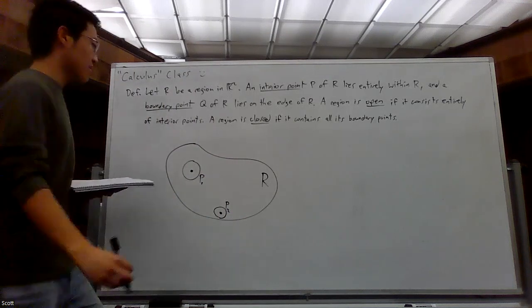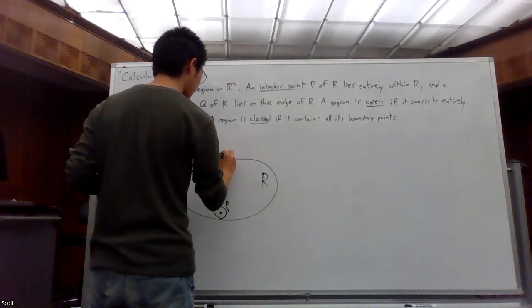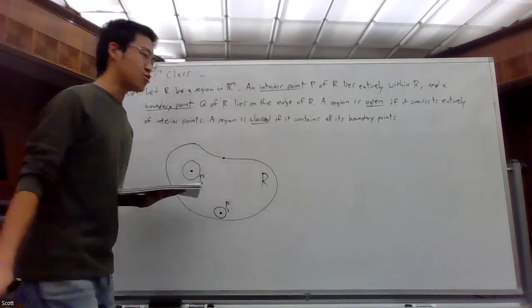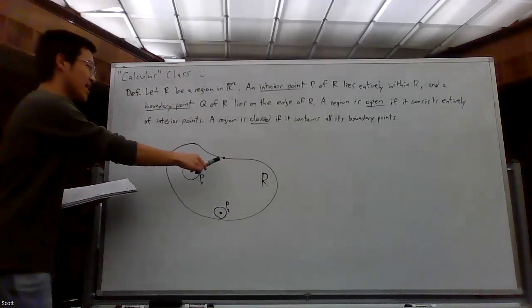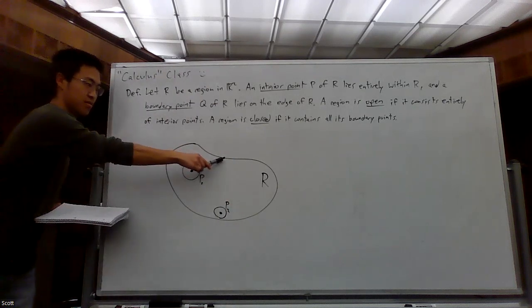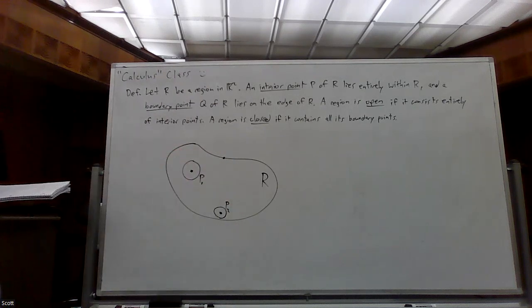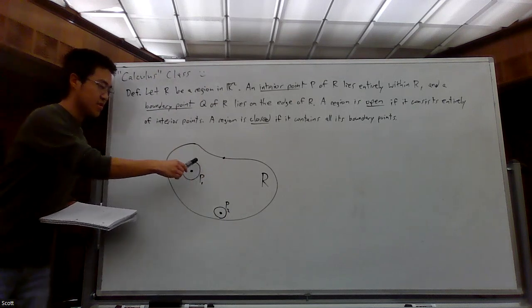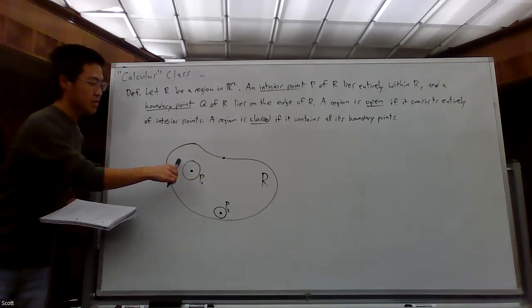Now, here's the thing though: can you find a way to choose a circle of any size such that you only have points inside of the region right here? Well, I didn't say semicircle, I said circle. So it's got to be a circular region.